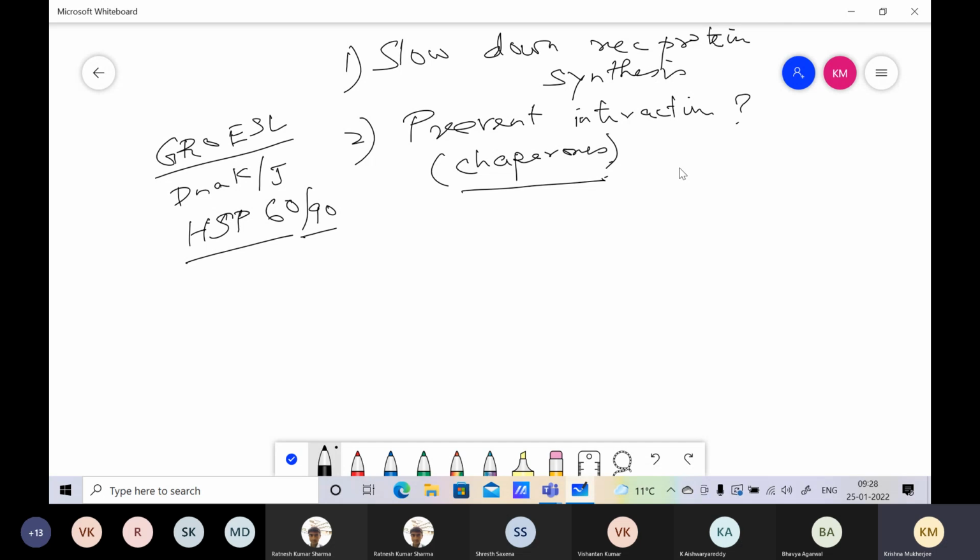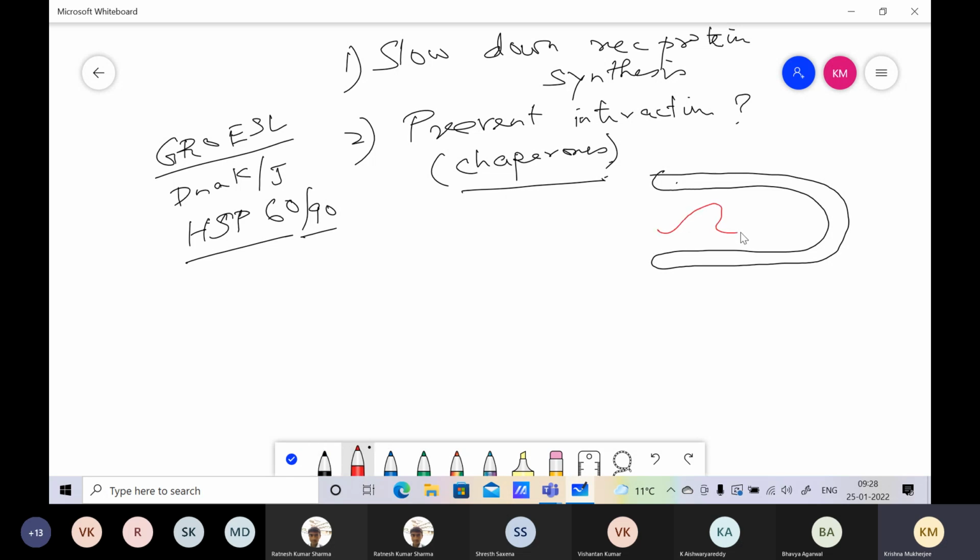The GroESL molecule is a large molecule which comes like this and captures the protein while it is folding inside. So it gives it time to fold by itself, and the next molecule which is coming in and trying to interact, this interaction is prevented, because the first molecule is trapped inside by the chaperone.